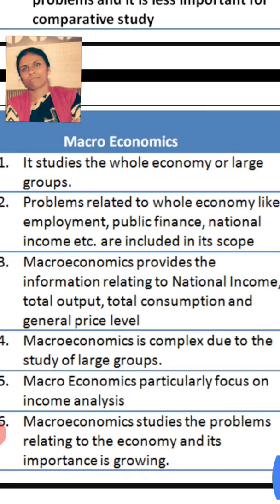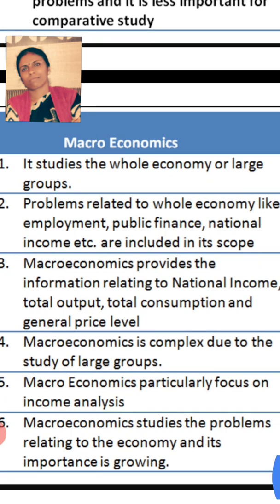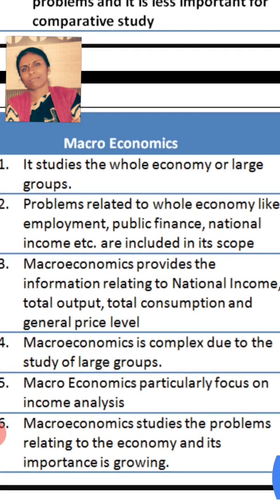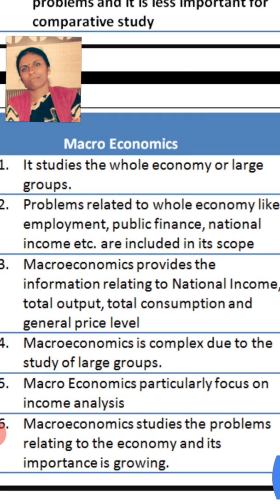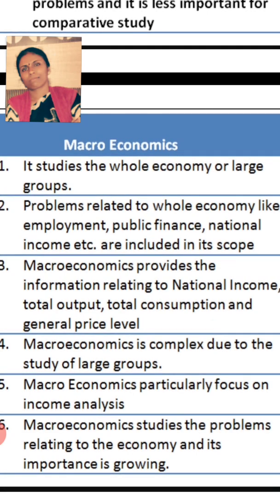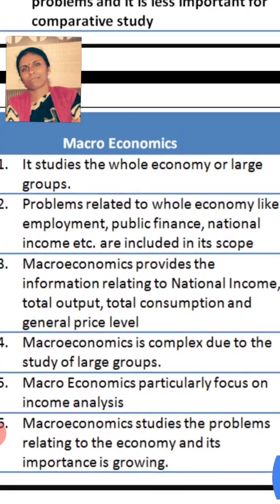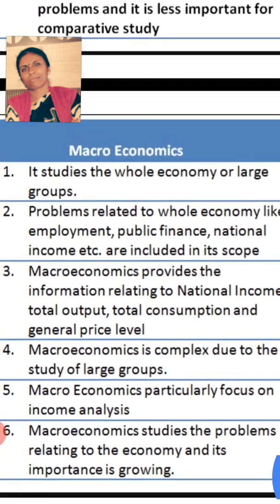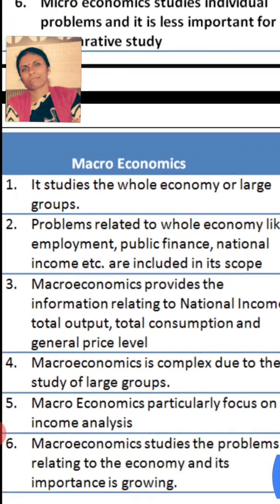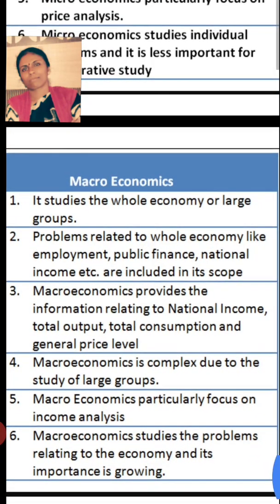Then it provides clear information related to the aggregate aspects of life. Macroeconomics is complex because of the study of large groups. It is particularly focused on income analysis, problems relating to the economy, and its importance is given. This way, micro and macroeconomics both are very useful for the study of economic aspects of our life.